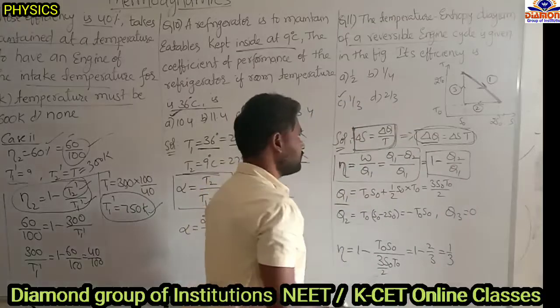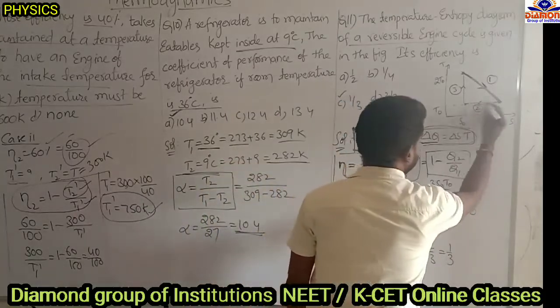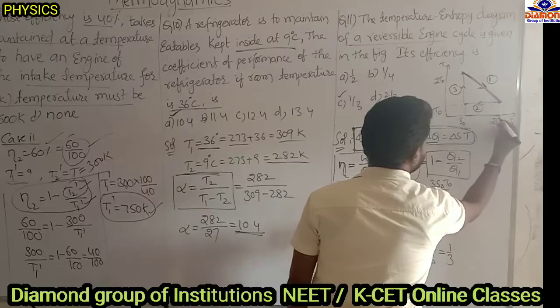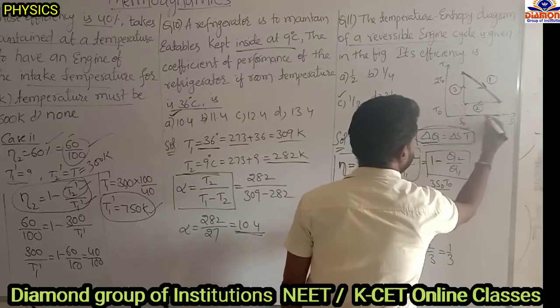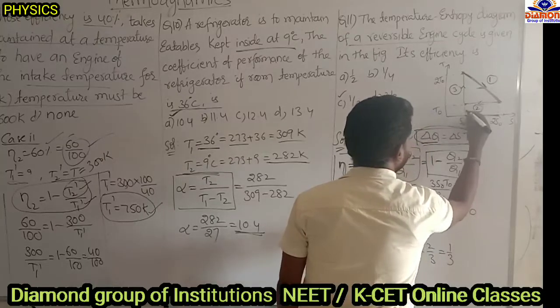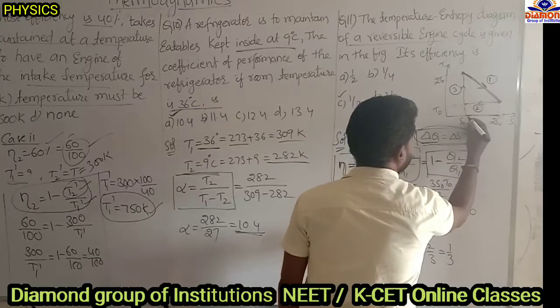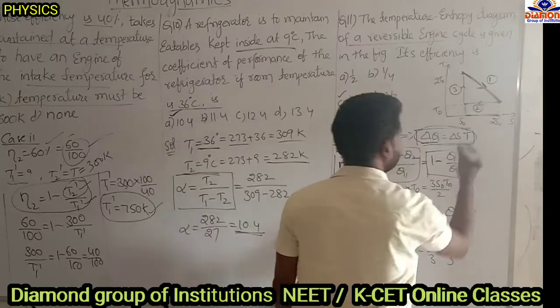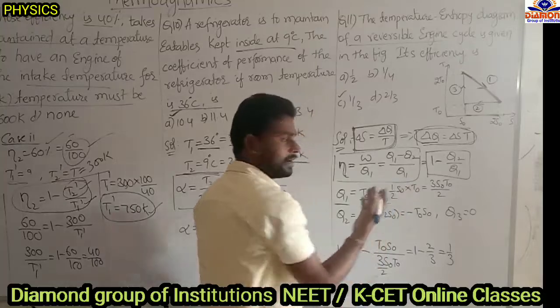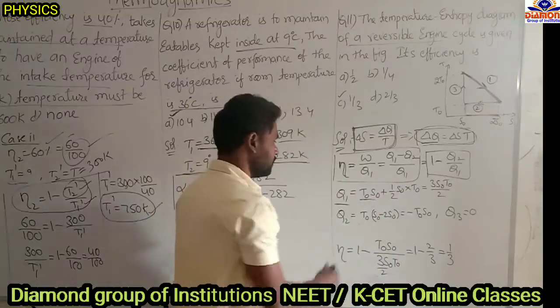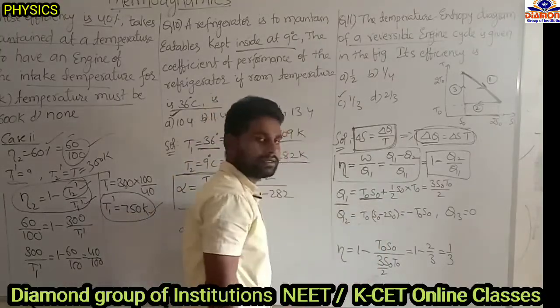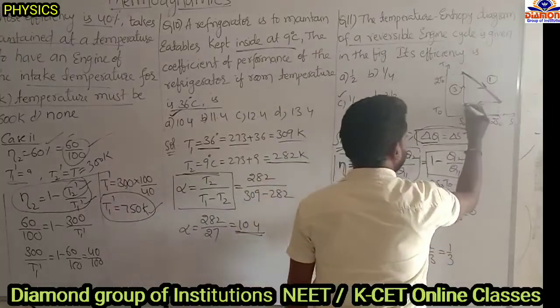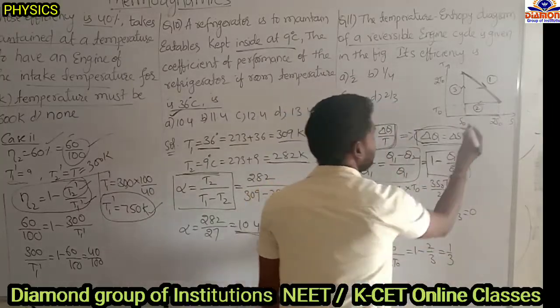First I am considering the rectangle. Area of this rectangle: the length from here to here is 2S0 minus S0, that is S0, and the breadth is T0. So the length is S0, the breadth is T0. The rectangle's area is length into breadth, T0 S0. Next, the triangle's area is half into base.